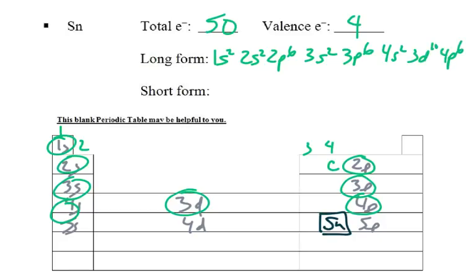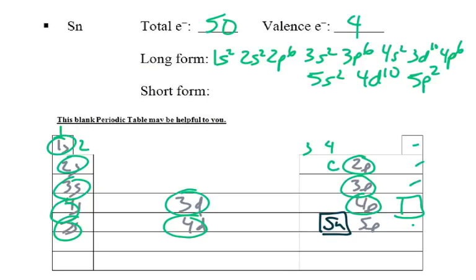We're running out of room. 5s2, 4d10, and we're going to get to the 5p, and it's only going to have 2. So I'm going to put it down here. So 5s2, 4d10, and 5p, and if we can see on our real periodic table, that's in the second space, so it's 5p2.